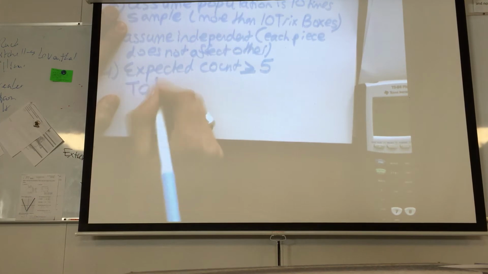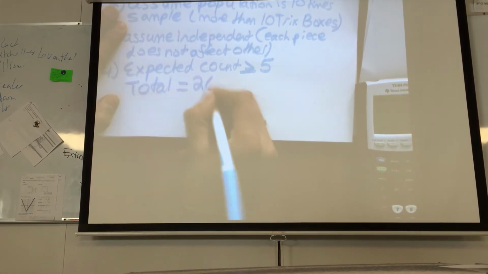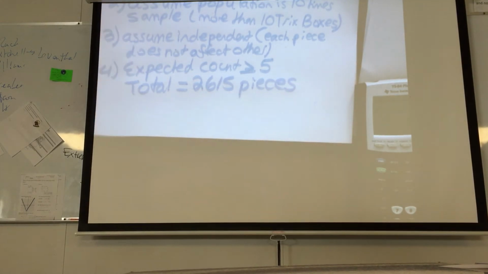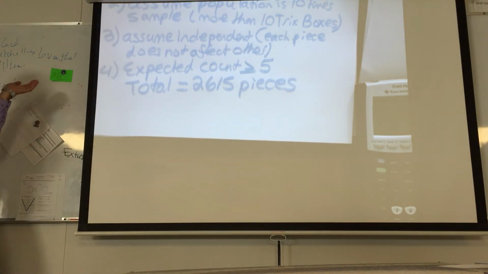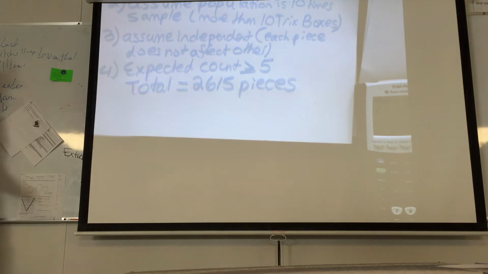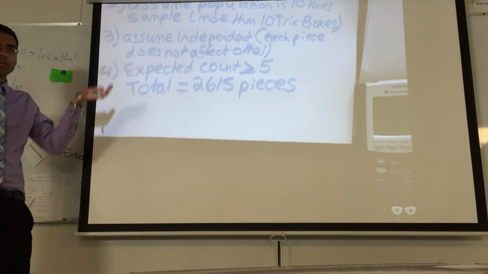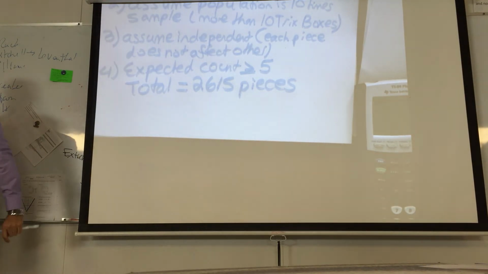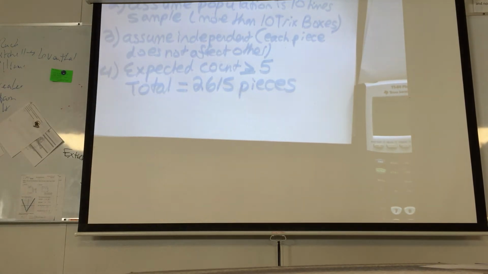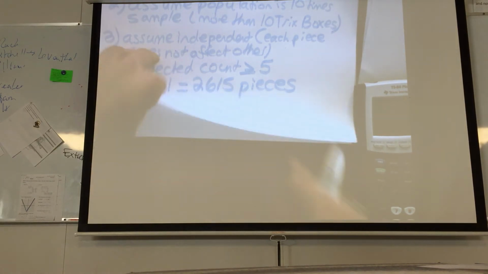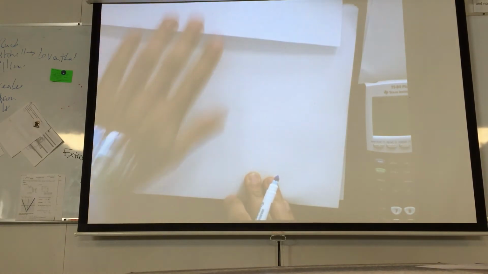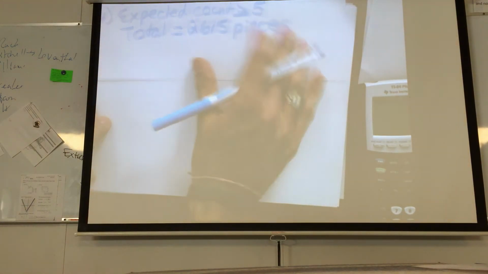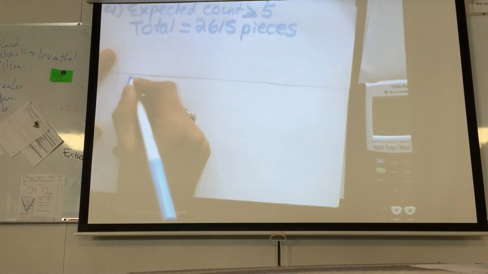So here's how many pieces we have total, right? And there are 5 flavors, so we expect there to be 20% per flavor. So you just want to draw your table of expected counts.